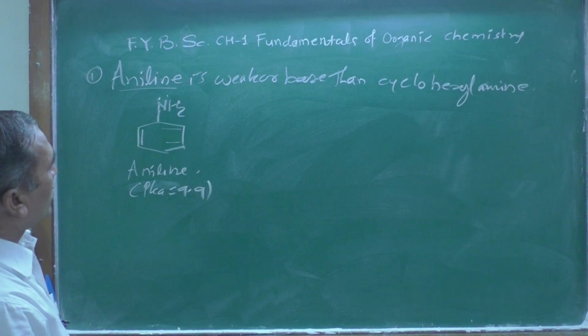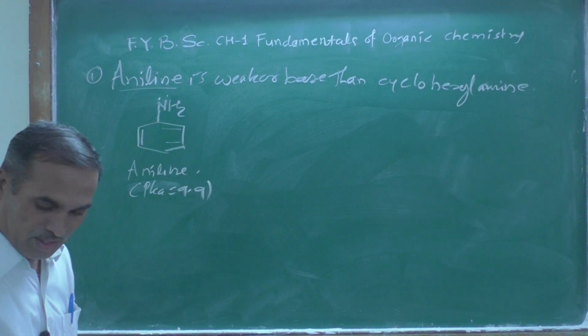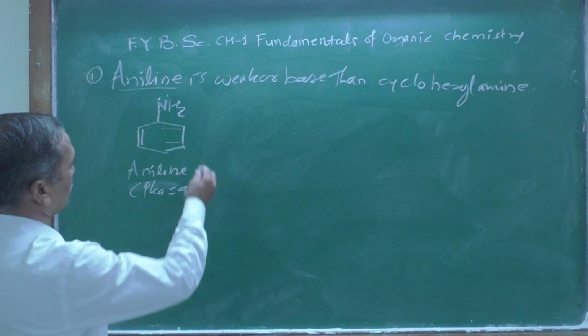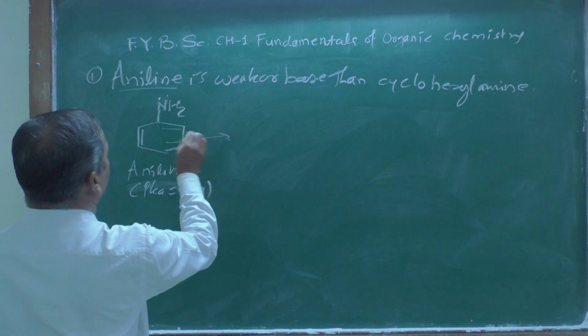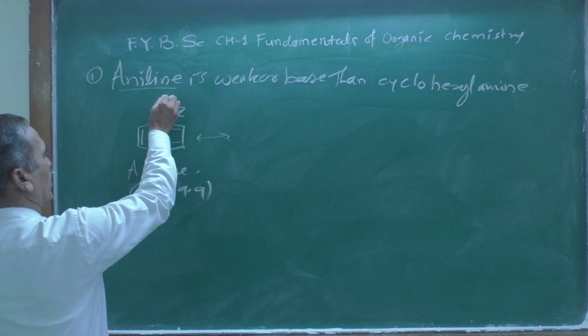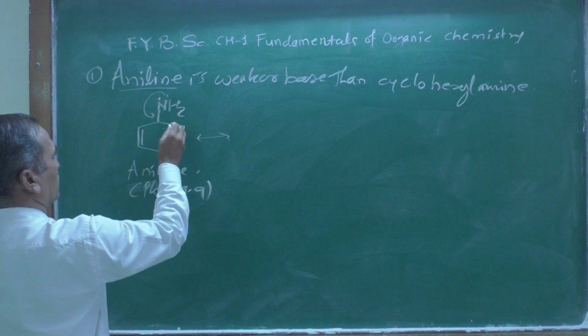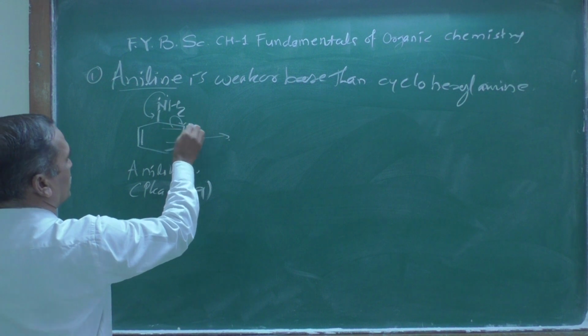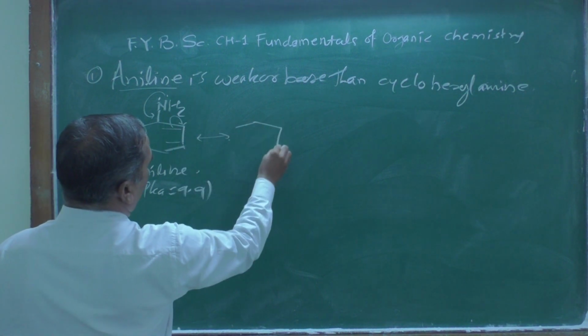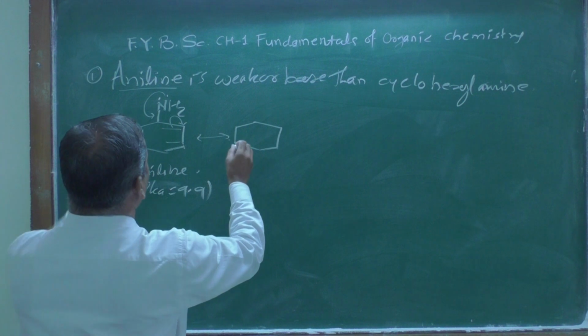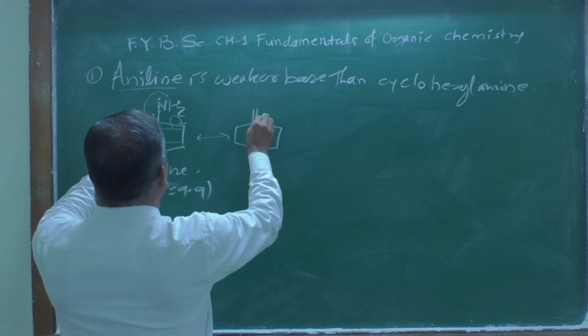Now, why is this one a weaker base? If you draw the resonating structure here, the lone pair present on that nitrogen atom is involved in the delocalization, so that you are going to get this structure. What are the changes I made here?